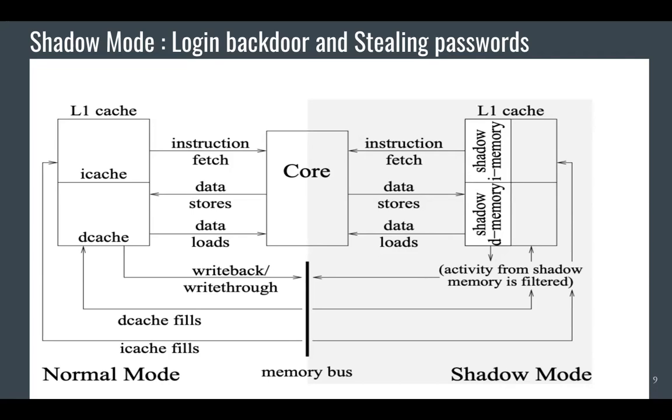Then the core execution goes to the shadow memory, and it starts executing the malicious firmware. So the entire system has been attacked just by the hardware, just by sending some bytes with some payloads, and we were able to attack the entire system.